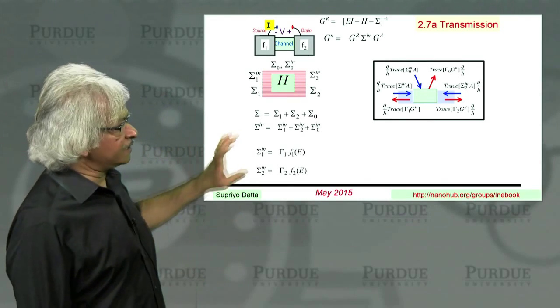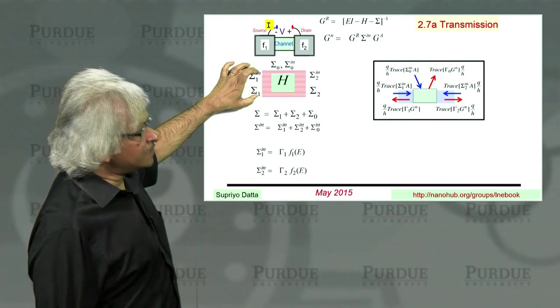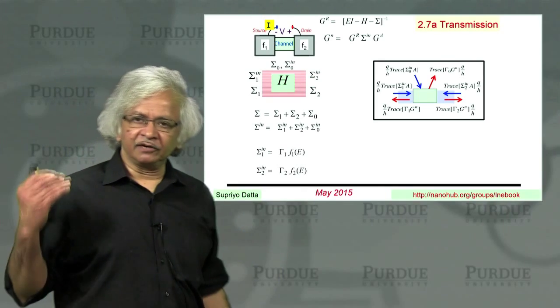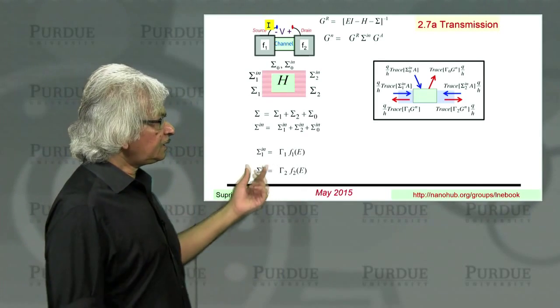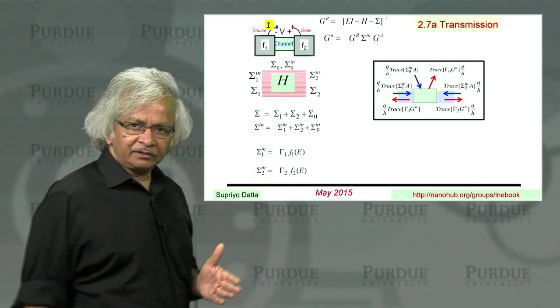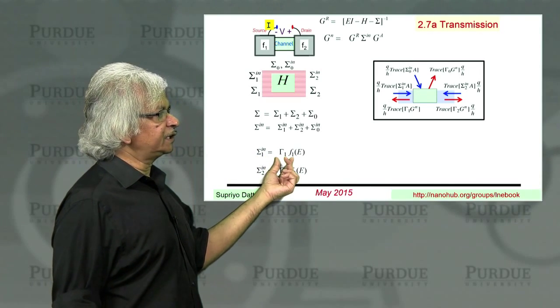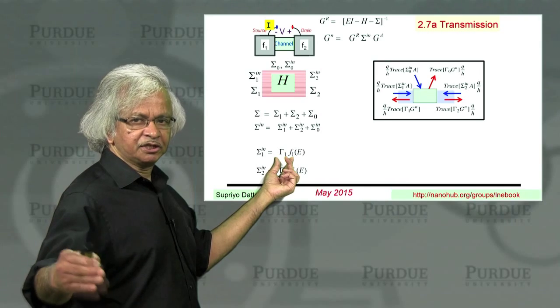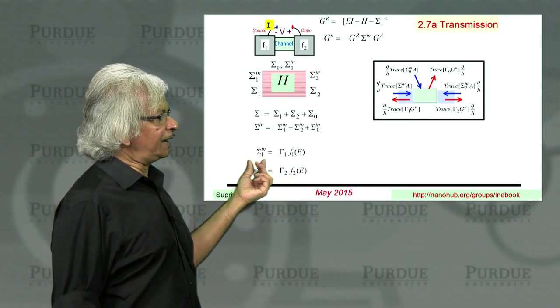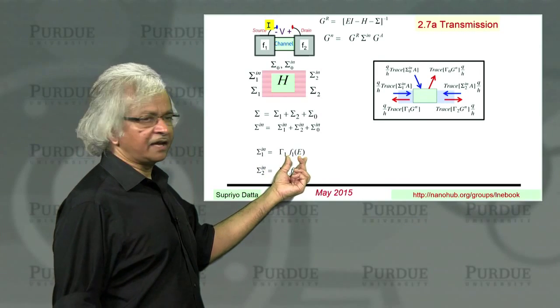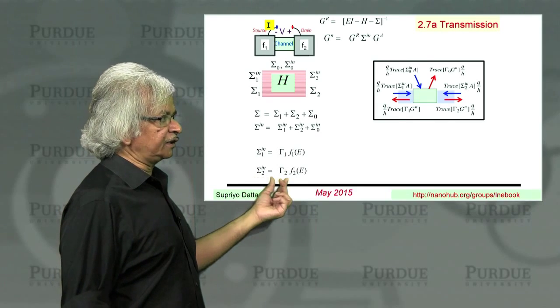Now, the first point is that in these contacts, which are described by a Fermi function, there is this basic requirement, which we discussed earlier, that sigma n should be related to gamma, which is the anti-Hermitian part of sigma, by sigma n equals gamma times f. Similarly for contact 2.